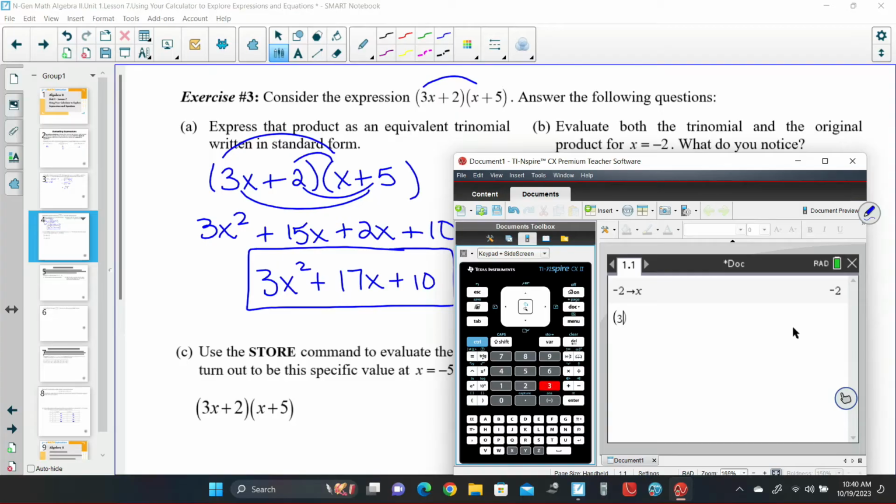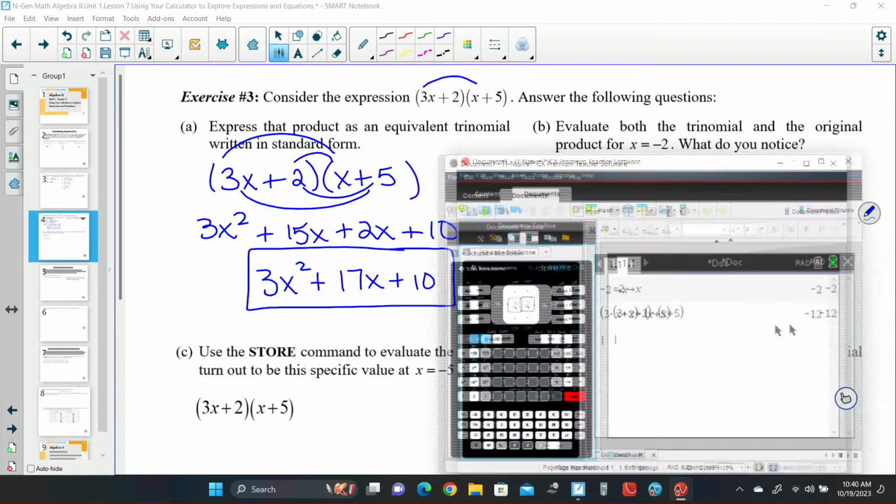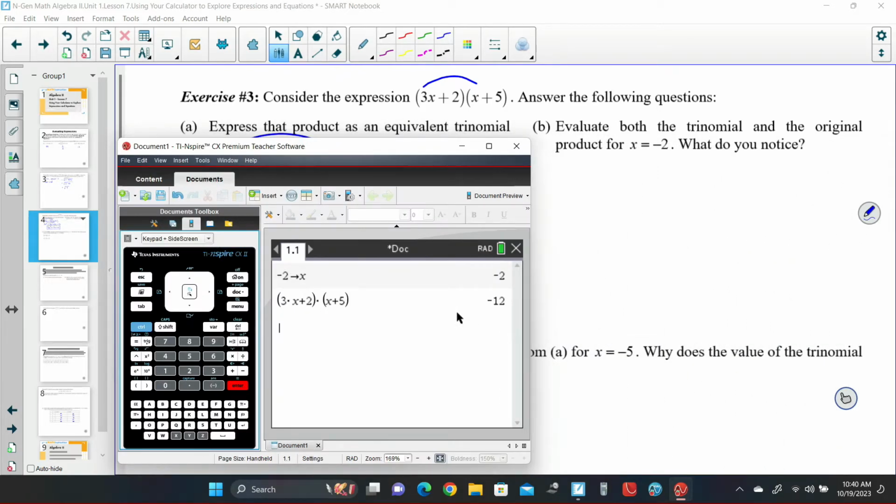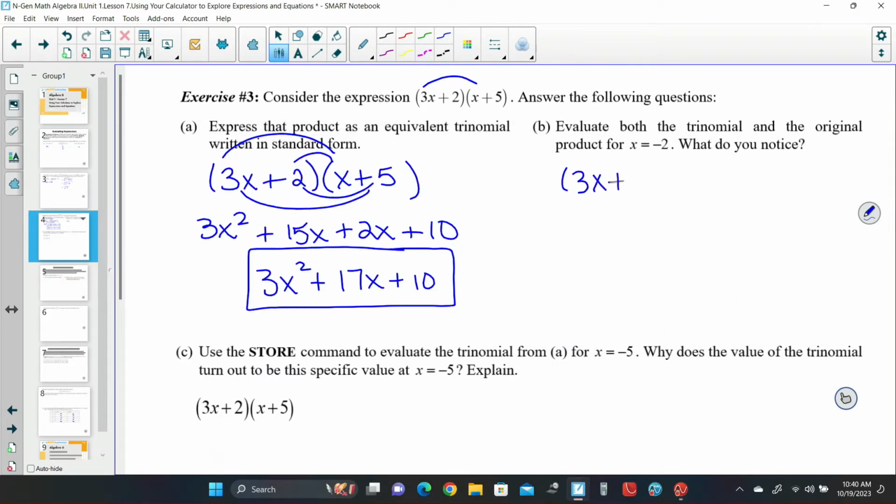All right? So first things first, let's put in parentheses 3x plus 2 times x plus 5. All right, and that gives me negative 12. So 3x plus 2 times x plus 5 when x equals negative 2 is equal to negative 12.